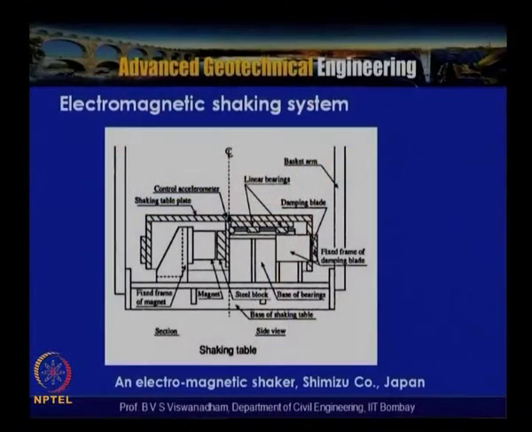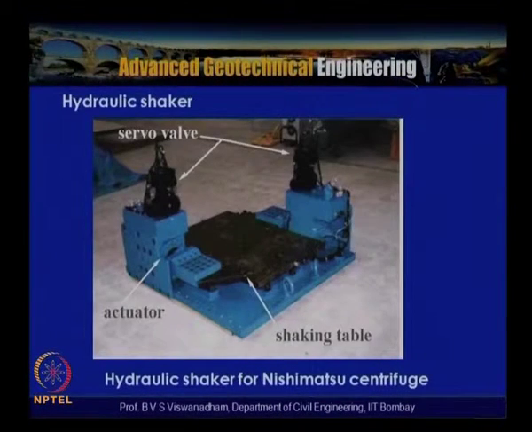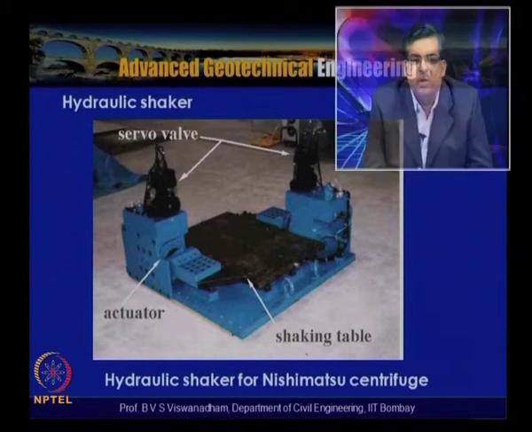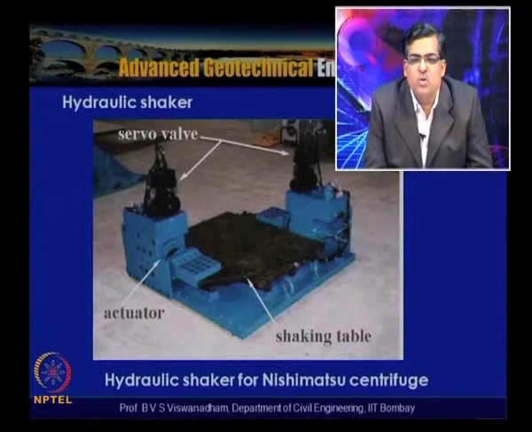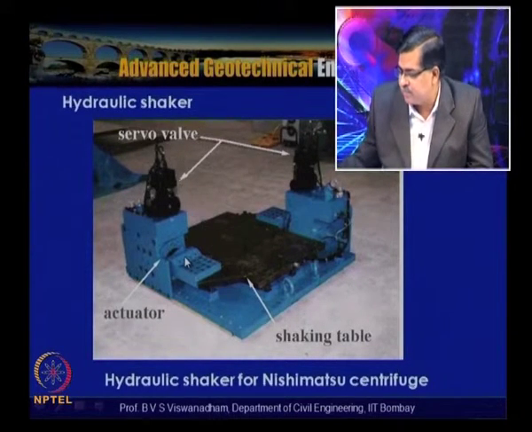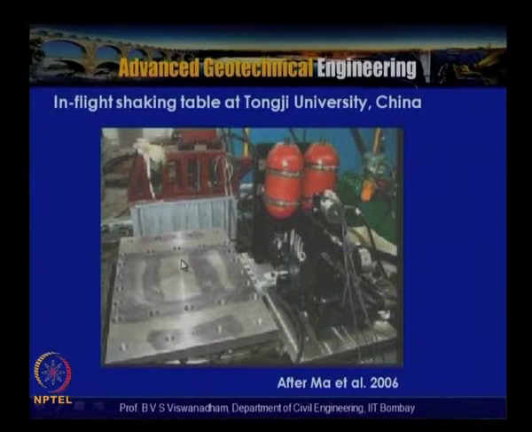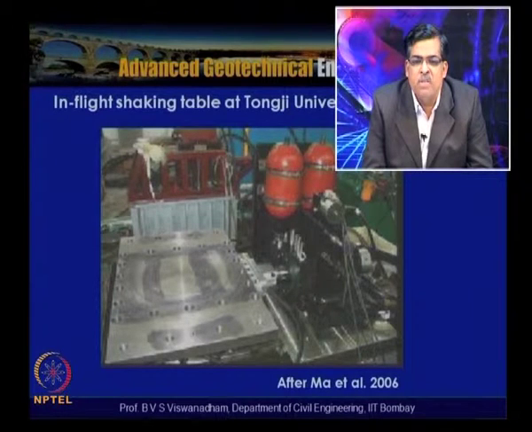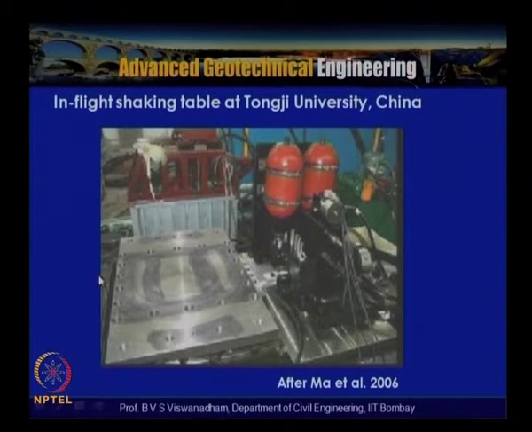This is another electromagnetic shaking system which was used at Shimazu centrifuge in Japan, and this is a typical hydraulic shaking system at Nishimatsu centrifuge, wherein it has 2 servo valves, and the black colored one indicates the shaking table. This is the in-flight shaking table system at Tongji University in China, after Ma et al. 2006, where they mount the models on this shaking table.